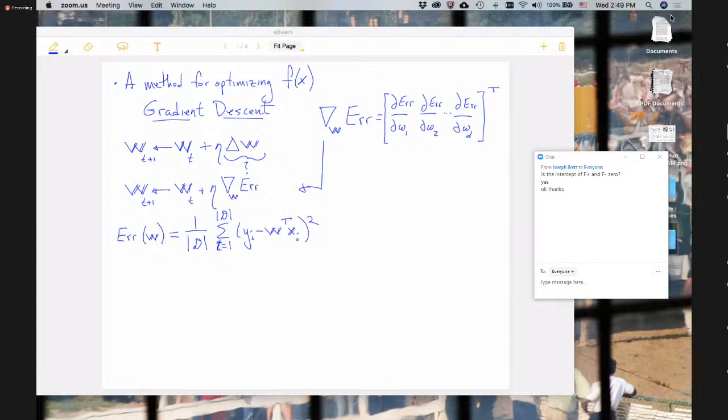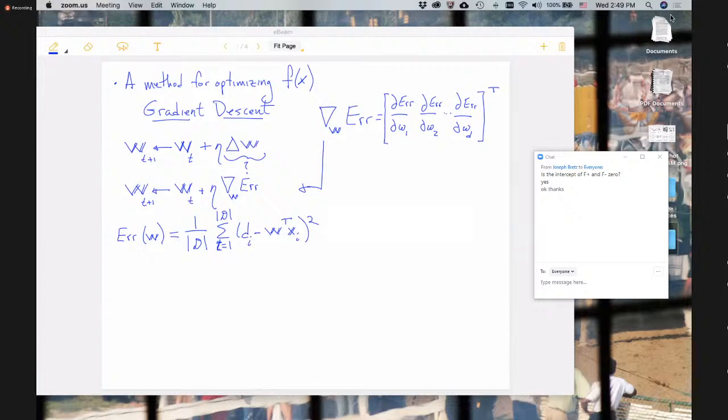We'll use the D notation to indicate that that's our desired output. All right, so this is our error. It's calculating the mean squared error over the entire data set D.